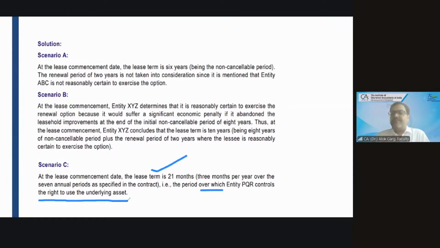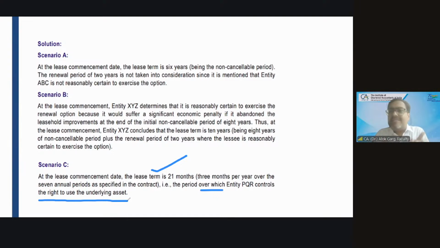And what is the lease period? The lease period is the non-cancelable period. What is the non-cancelable period? 3 months every year plus rent-free period. Whether 9 months is a rent-free period? No, sir, 9 months is not a rent-free period. The rent-free period comes into the picture when the premise is available.